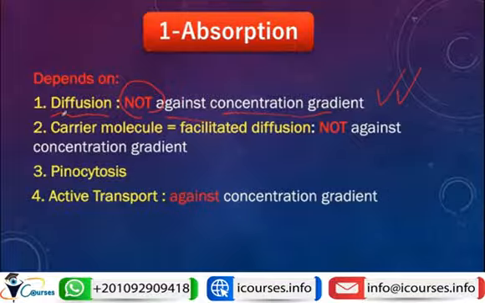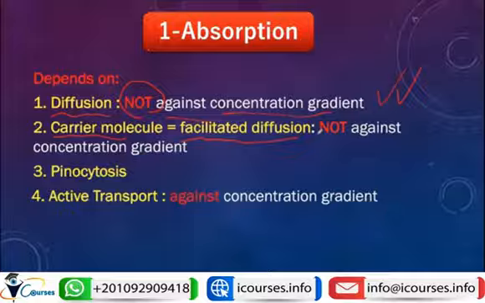If the drug is needed in much more amount, then there is another mechanism called the carrier molecule, or facilitated diffusion. So it is not a simple diffusion, but it is facilitated. Why is it facilitated? Because it will be facilitated by a carrier. A carrier molecule will carry the drug into the cell, and then it will pass the drug across the cell membrane.